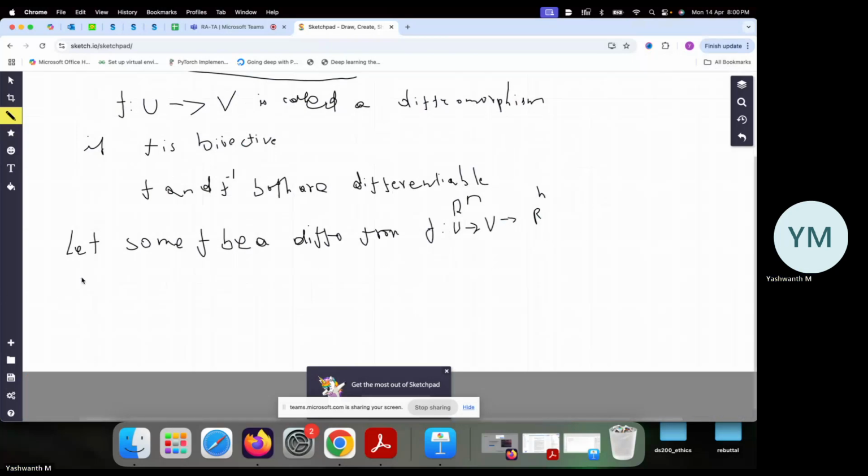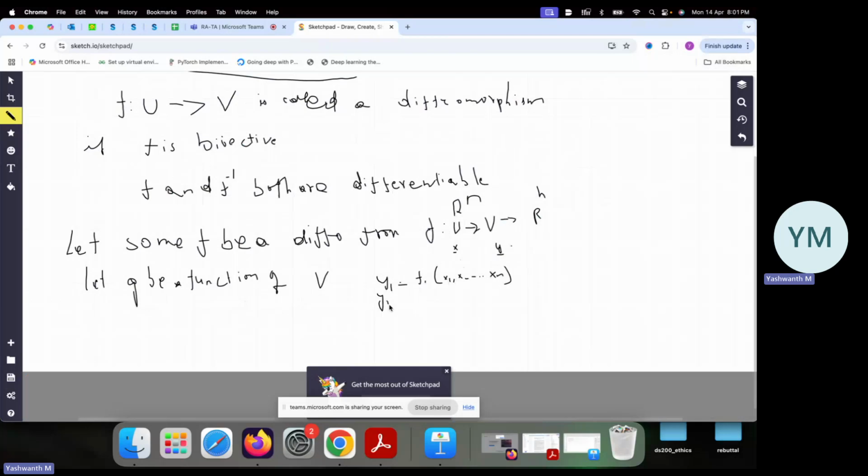And let g be a function on V. Call this X, call this Y. Now Y1 can be written as f1 of x1, x2, and so on, xn.